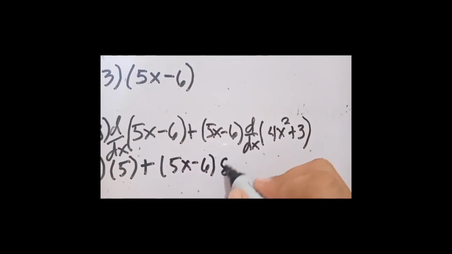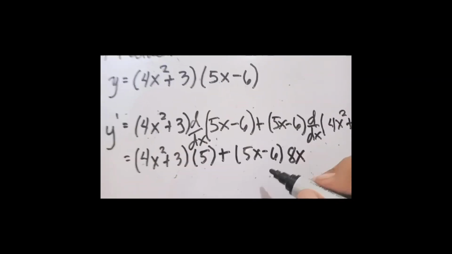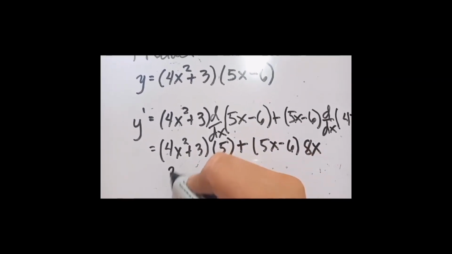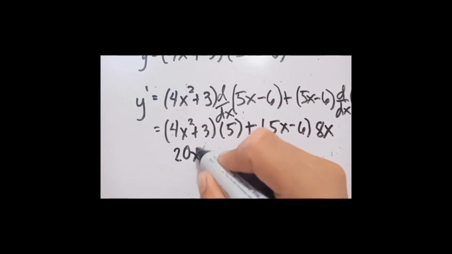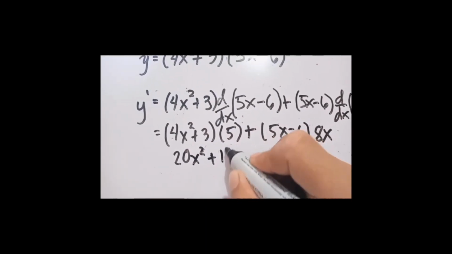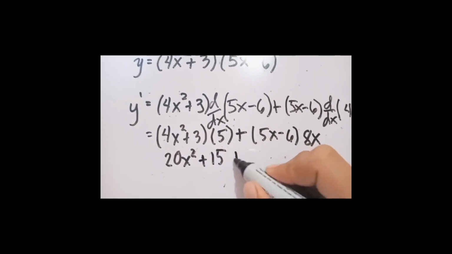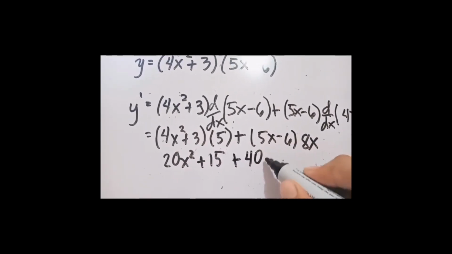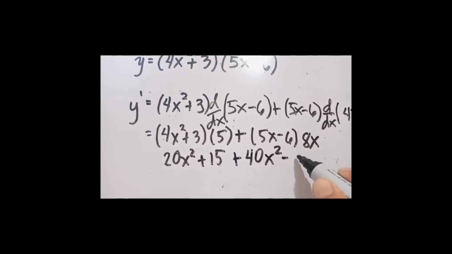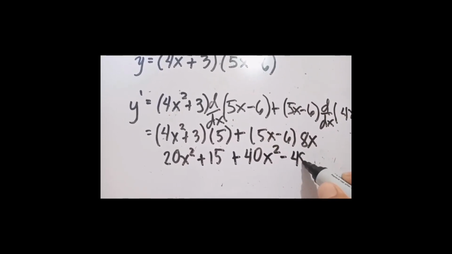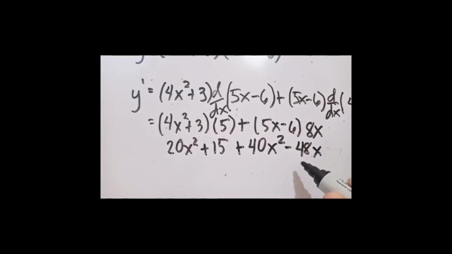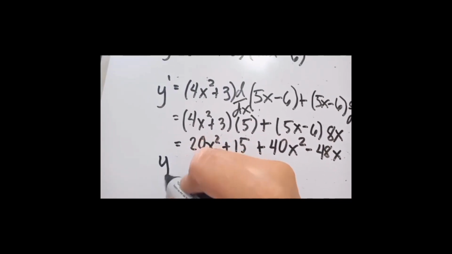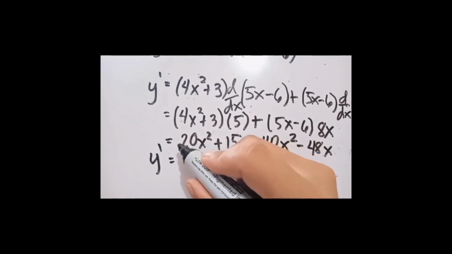Rewrite the second function. What is the derivatives of 4x squared plus 3? That is 8x. Then, multiply natin, o distribute natin yung 5. We have 20x squared plus 15 plus 8x times 5. We have 40x squared minus 48x. Then, combine the similar term. We have the derivatives is 20 plus 40.